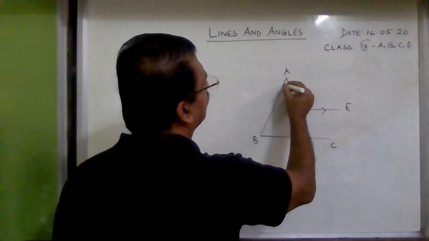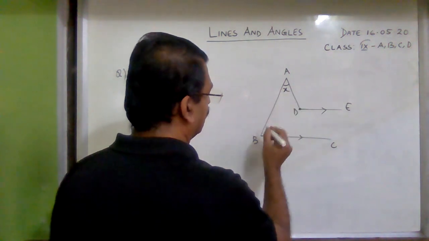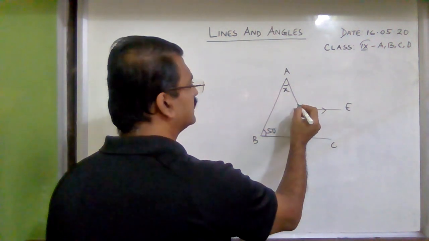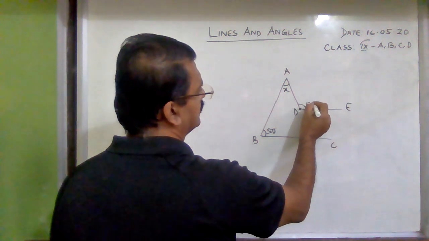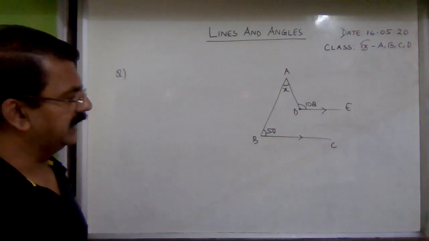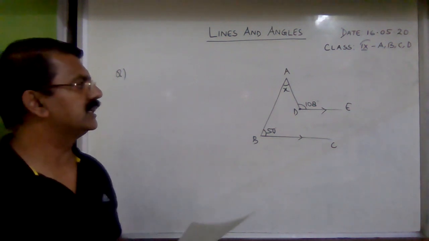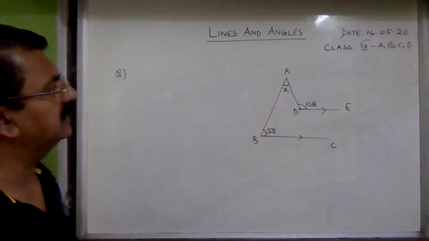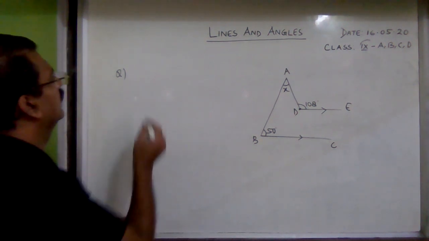Now this angle is given X, this angle is given 50 degrees, and this angle is given 108 degrees. Now you have to find the value of X using this diagram.